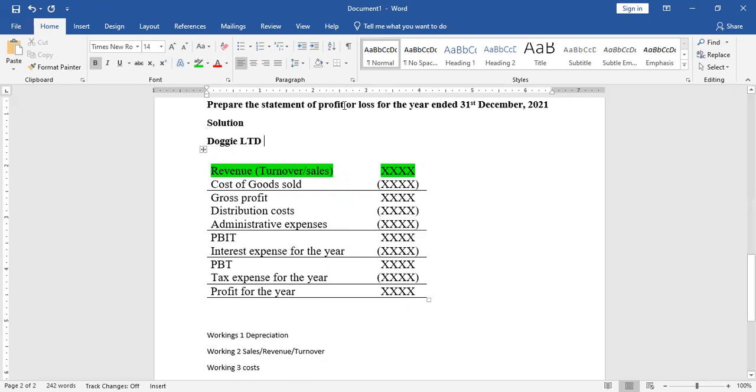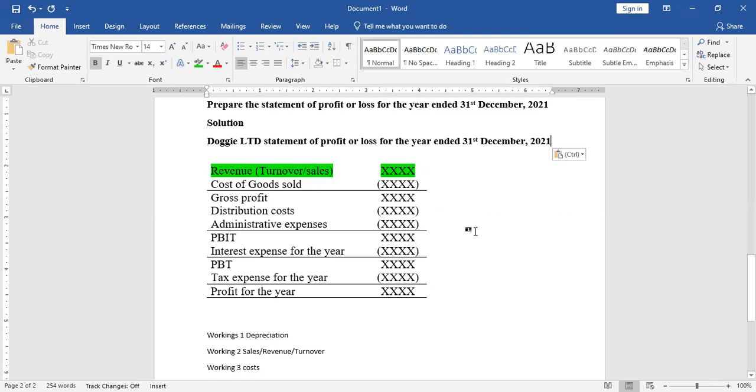And then statement of profit or loss, I can simply copy this and put it here. So that heading calls for marks. So you need to do that. It's for the year ended 31st December 2021.